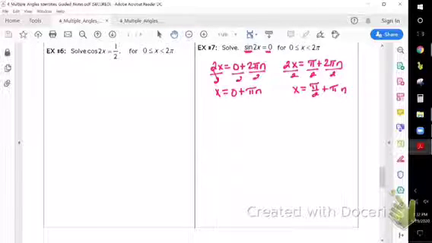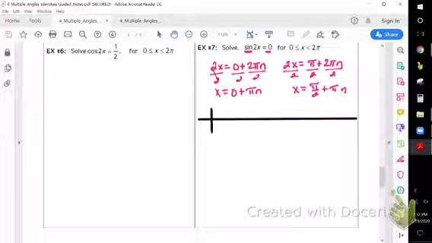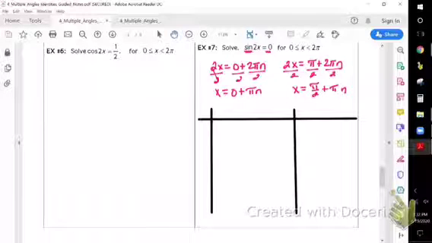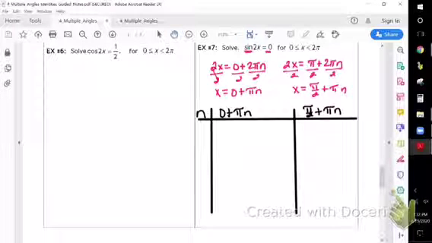Alright, so let's make our table. And so we have our n. We have 0 plus pi n. And we got pi over 2 plus pi n. And we're going to start when n is negative 1.